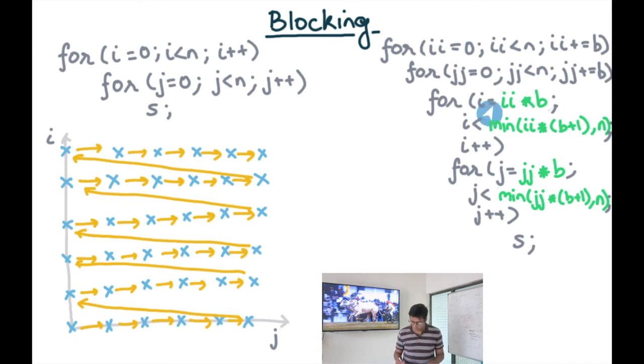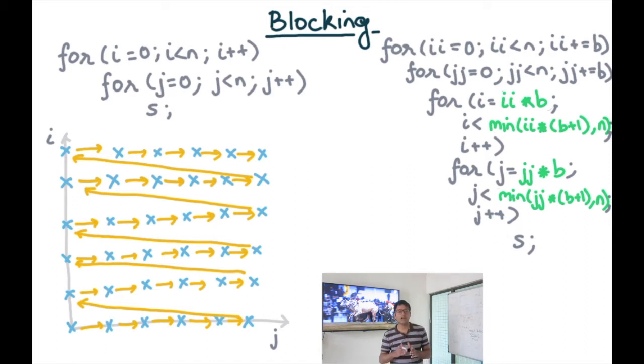So the inner loop looks like for i equals ii times b, so that's the starting point of the inner interval, going till ii times b plus b, and because n may not be a multiple of b, I take care of the boundary condition by saying minimum of ii times b plus b comma n, i plus plus. And similarly, I do a step increment for j: j equals jj times b to min of jj times b plus b comma n, j plus plus.